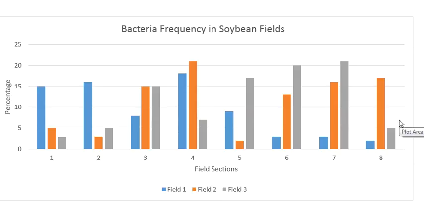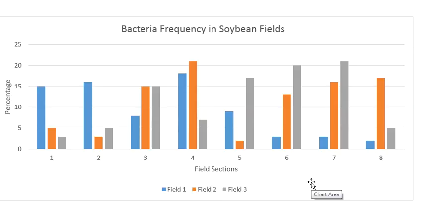When we look at bacteria, we can see there's quite a bit more bacteria throughout the fields, and occasionally field 3, for example in sections 7 and 6, had quite a bit of bacterial infection compared to the other 2 fields.